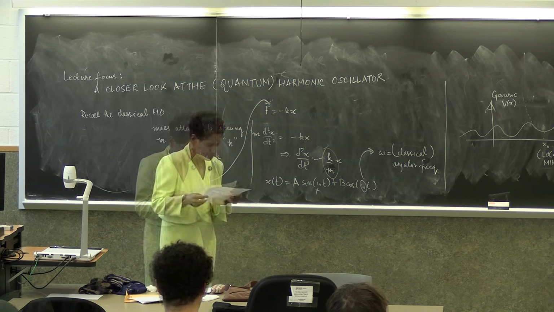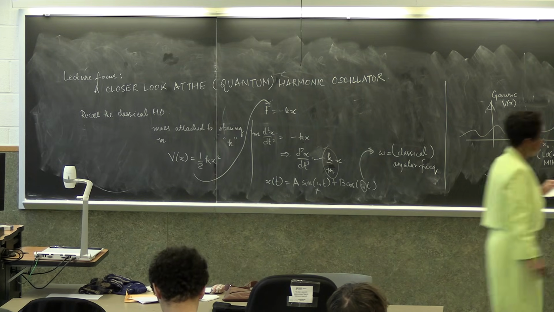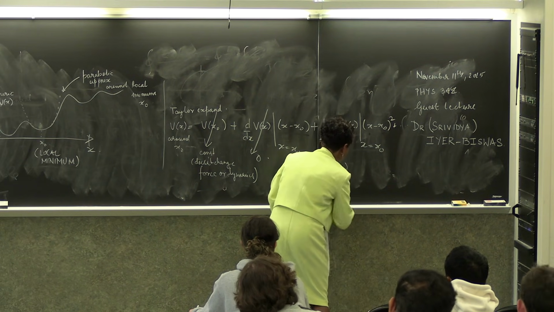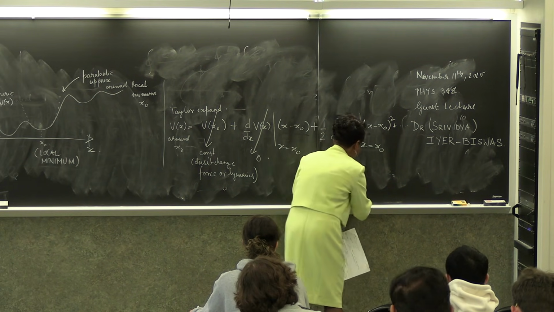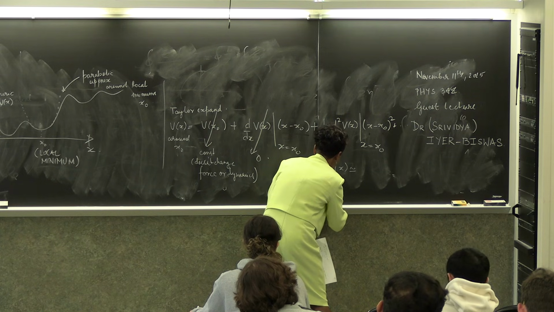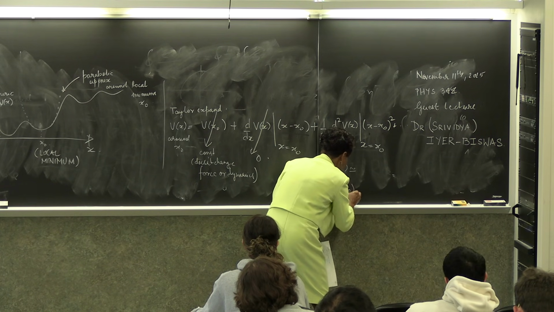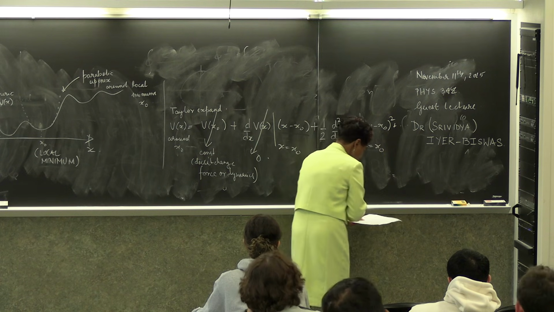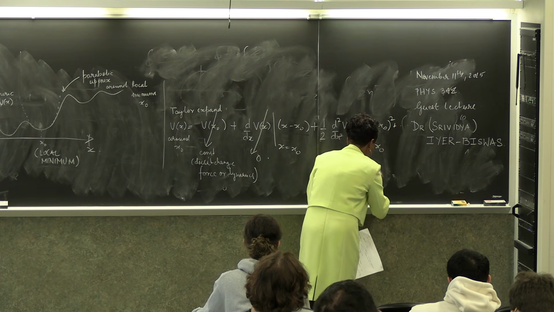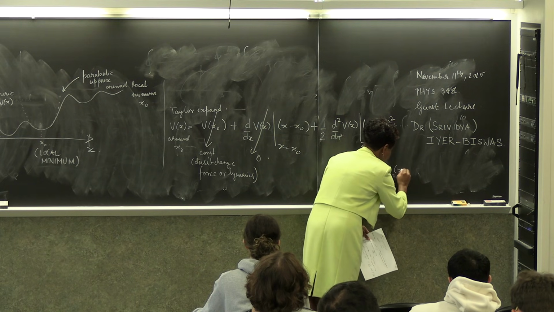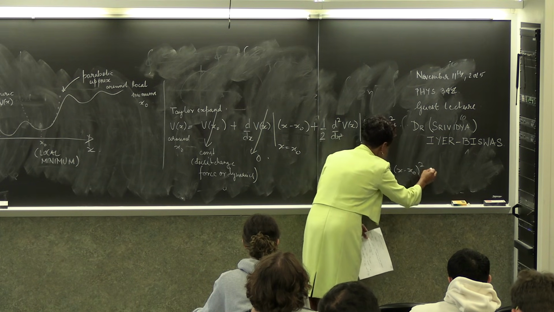Okay. To summarize, any generic v of x for small enough x minus x0 is approximately equal to half second derivative at x0 times this quadratic term.